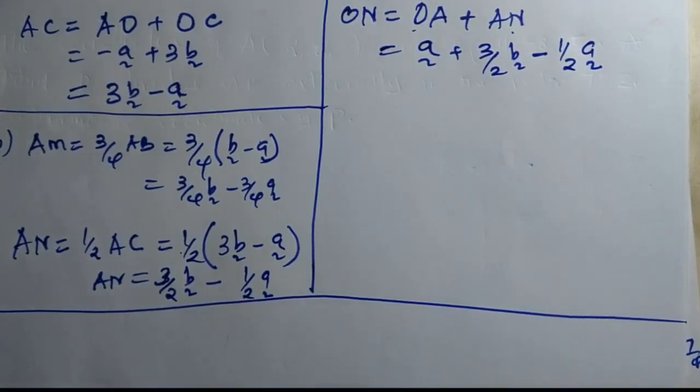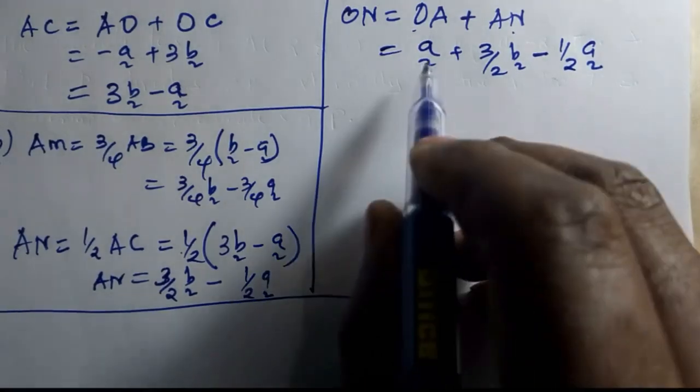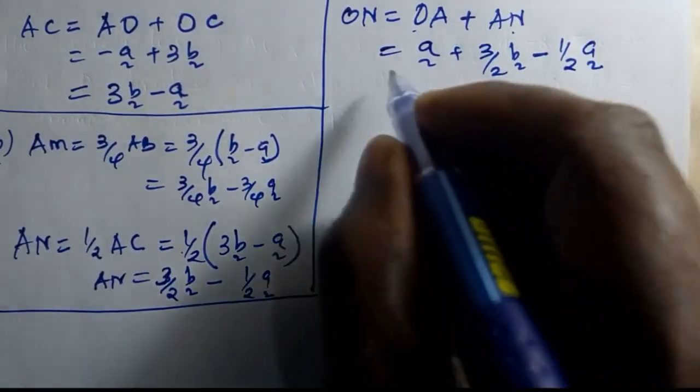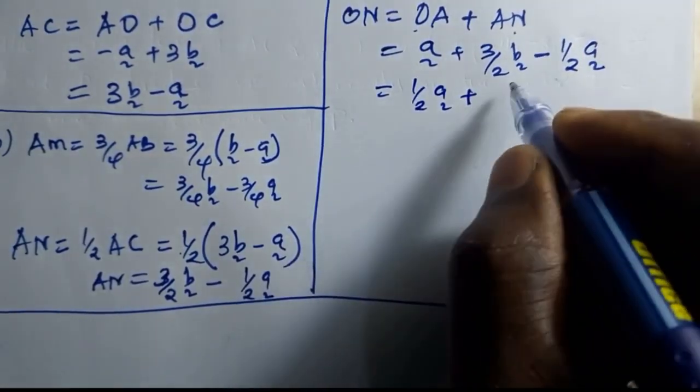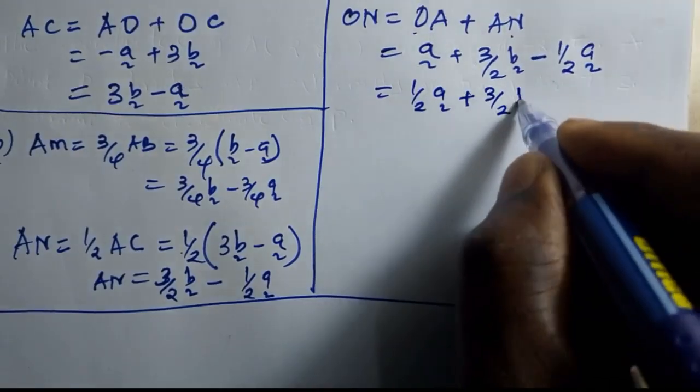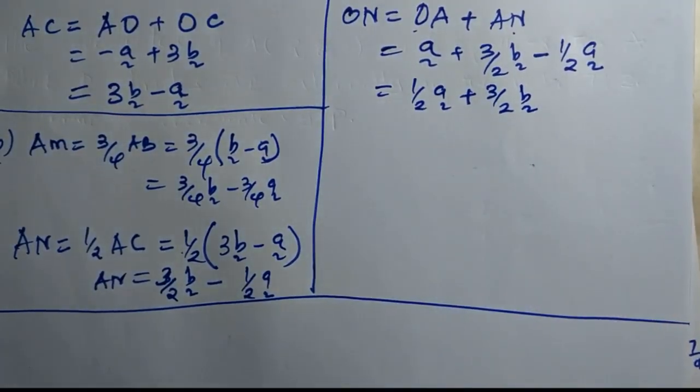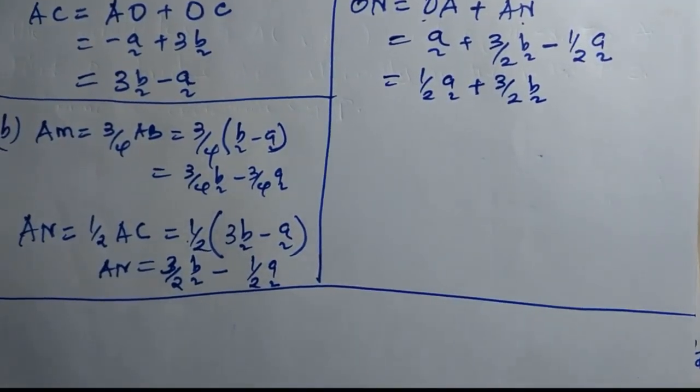So we collect like terms: 1A minus half A is a half A, plus 3 over 2 B, and that is our ON.